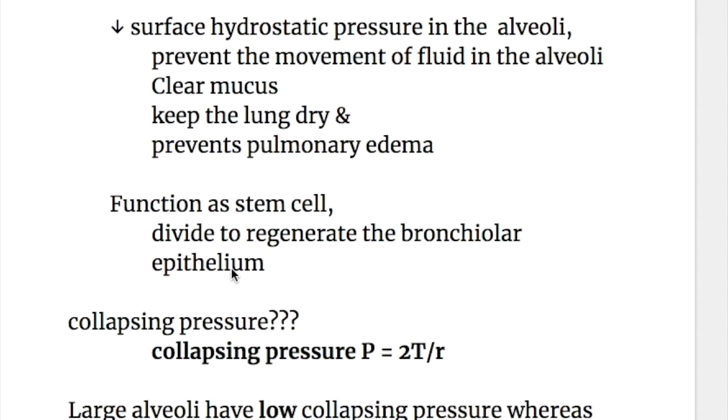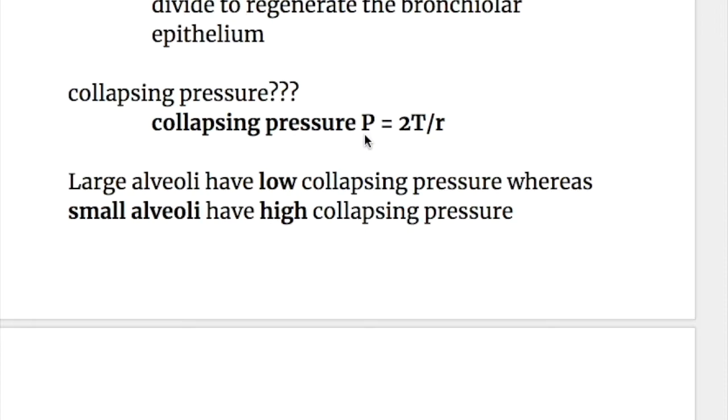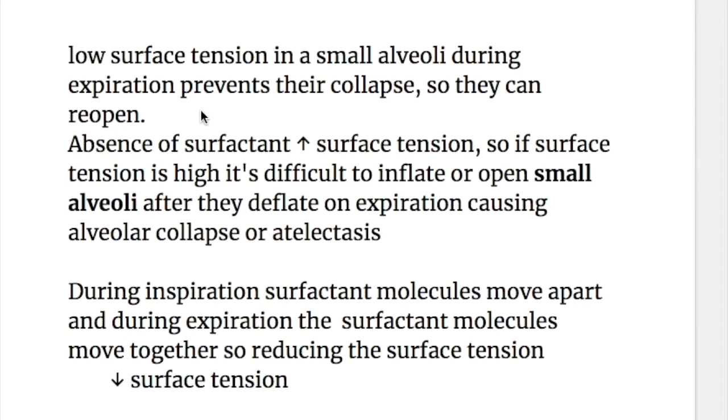What's collapsing pressure? Collapsing pressure, P, is the ratio of twice the surface tension to the radius. If the radius is big, as in larger alveoli, collapsing pressure is low. If the radius is small, as in smaller alveoli, the collapsing pressure is high. Low surface tension in a small alveolus during expiration prevents the collapse so they can reopen.